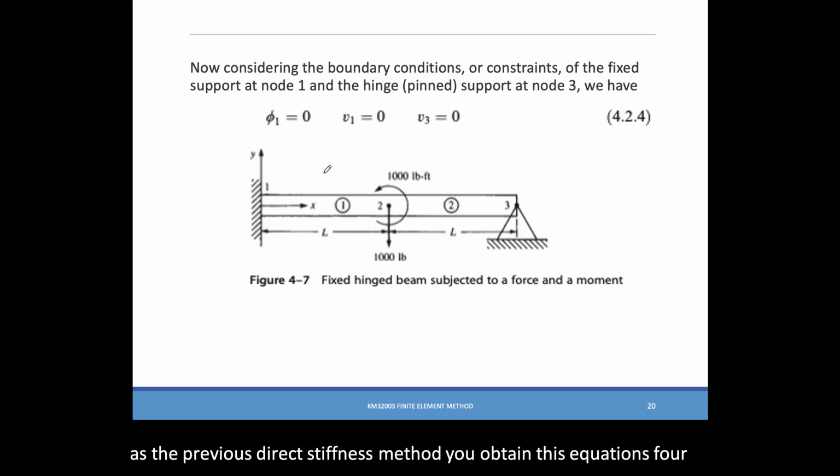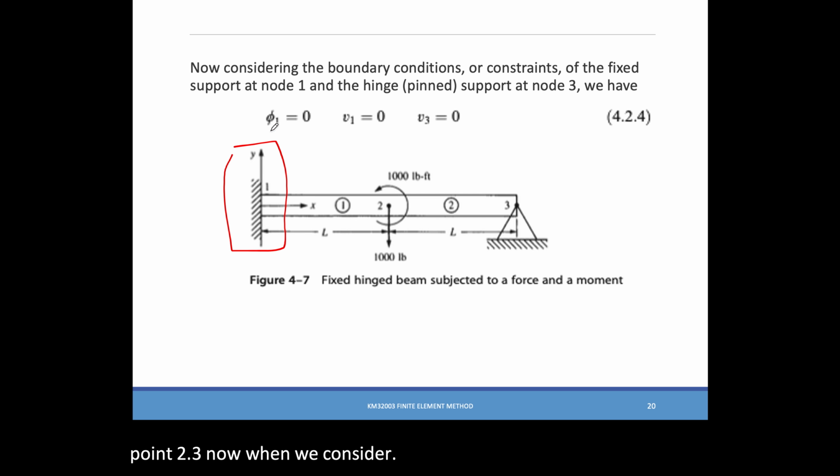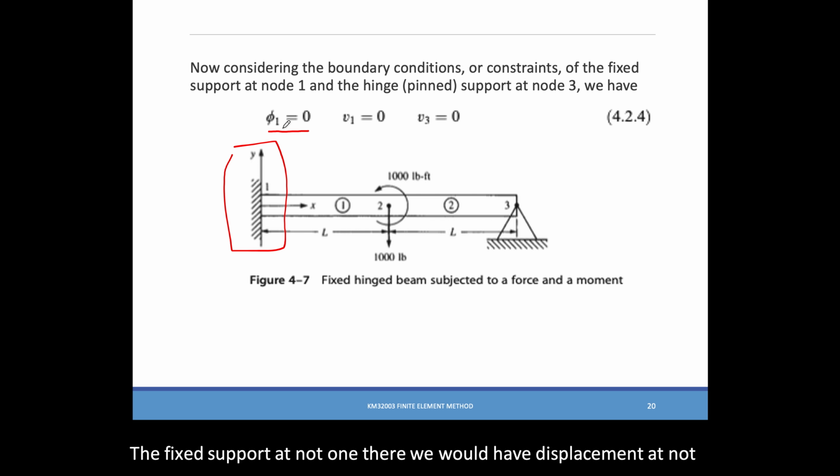Now when we consider the fixed support at node 1, there we would have displacement at node 1 equals to 0, rotation at node 1 equals to 0.